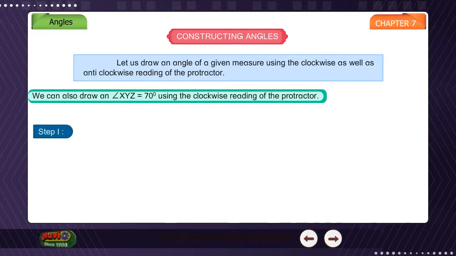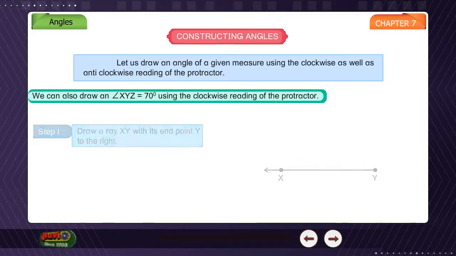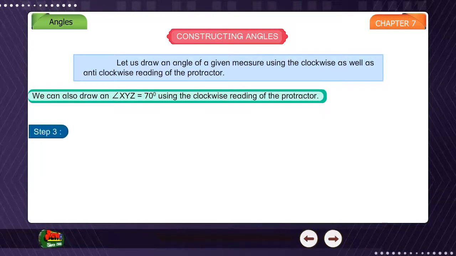Step 1. Draw a ray XY with its end point Y to the right. Step 2. Place the protractor in such a way that its center is on the end point Y and its baseline is along ray YX. Step 3.